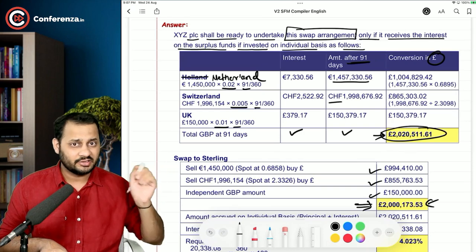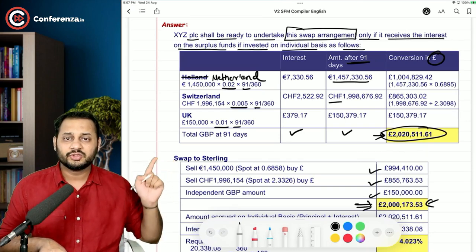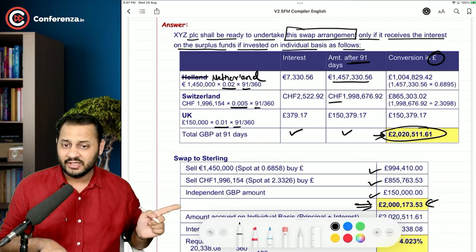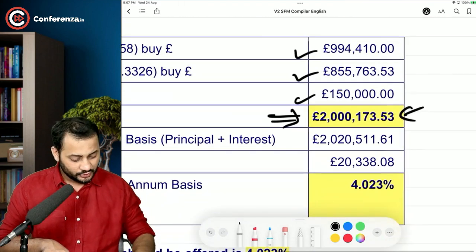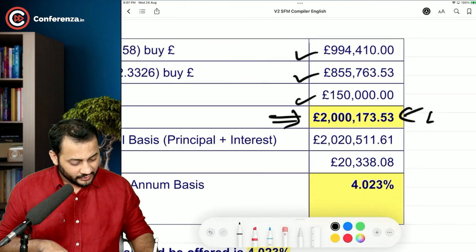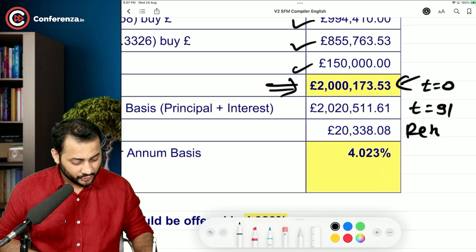So at the very minimum, swapping should give you a return so that the GBP at the end of 91 days in this option should be at least equal to 20,20,511. So you have this much of the amount at time 0, and this much should be the value at the end of 91 days. The difference between these two is the return that you should earn.